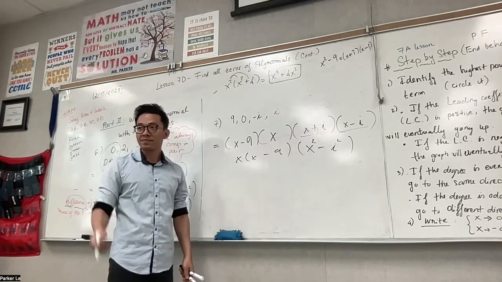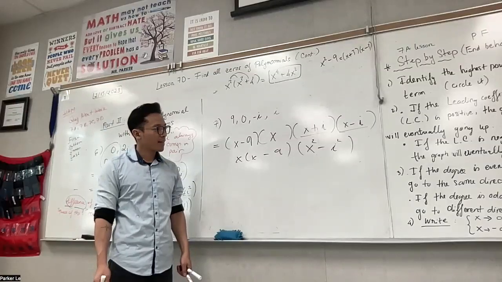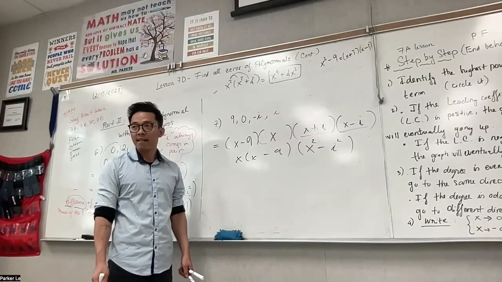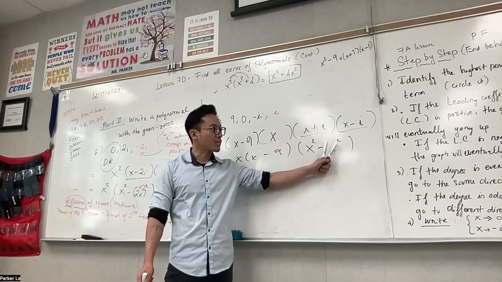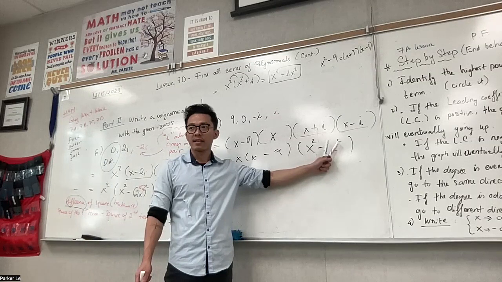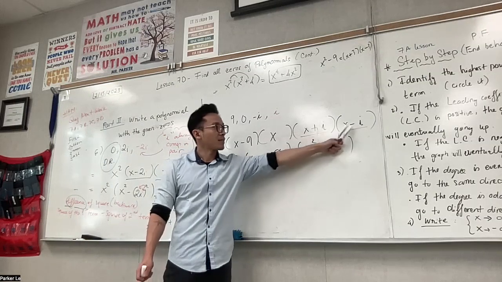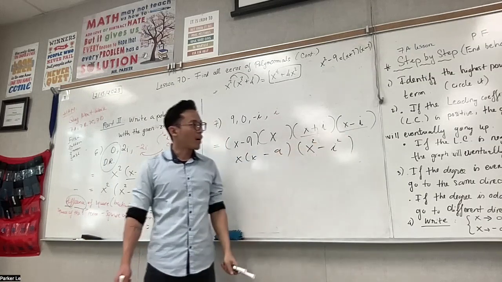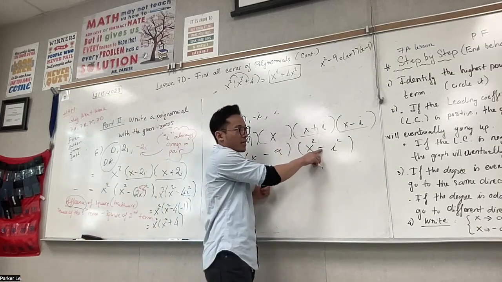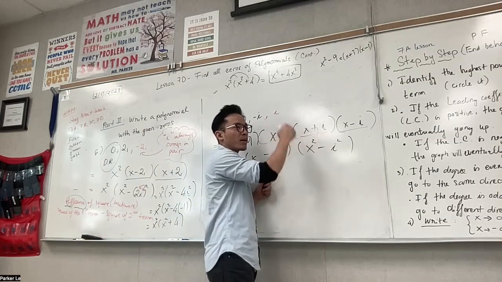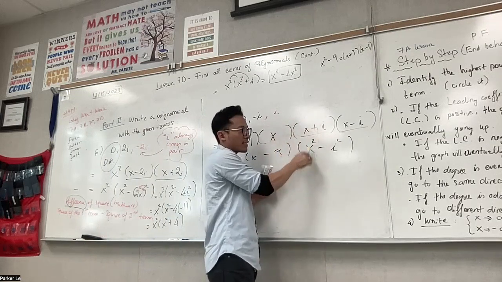Any question? Isn't it like x squared minus negative i squared? It's not negative. The negative is already here. You only care about what is the first term and what is the second term. The first term is x, the second term is i.